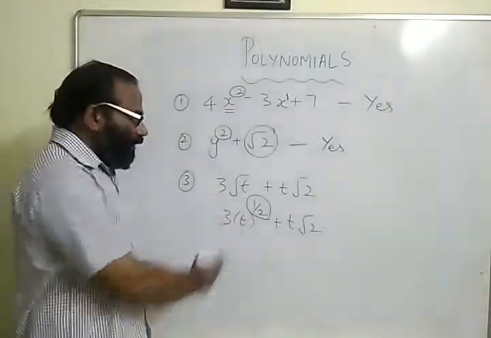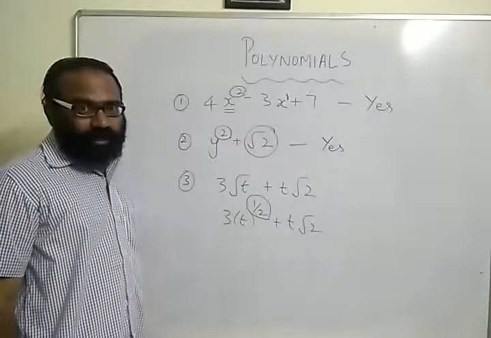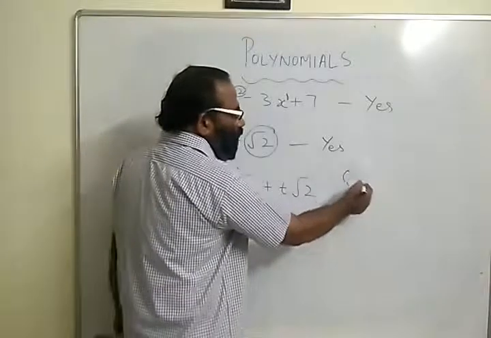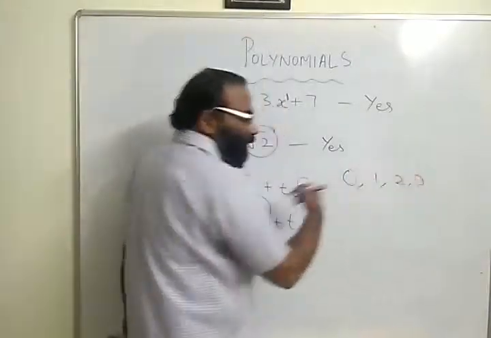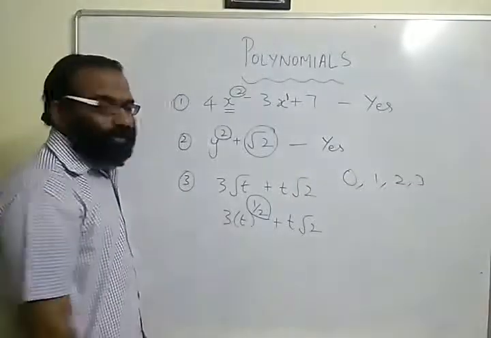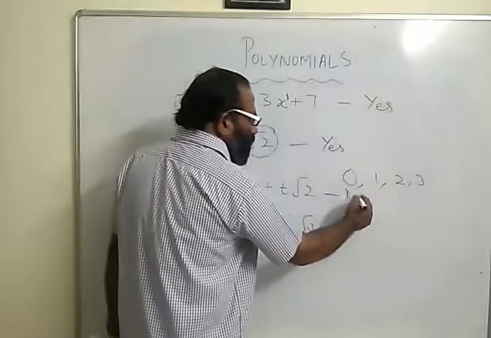The power of any of the variables cannot be such fractional values. They have to be 0, 1, 2, 3 and in that form. You cannot have negative values and you cannot have fractional values. So therefore this is not a polynomial.